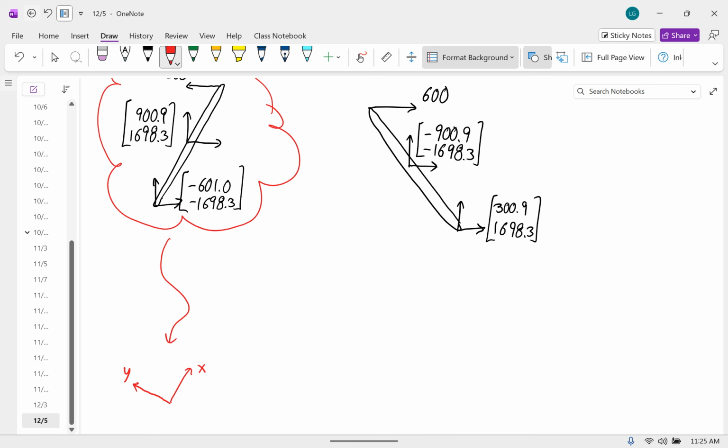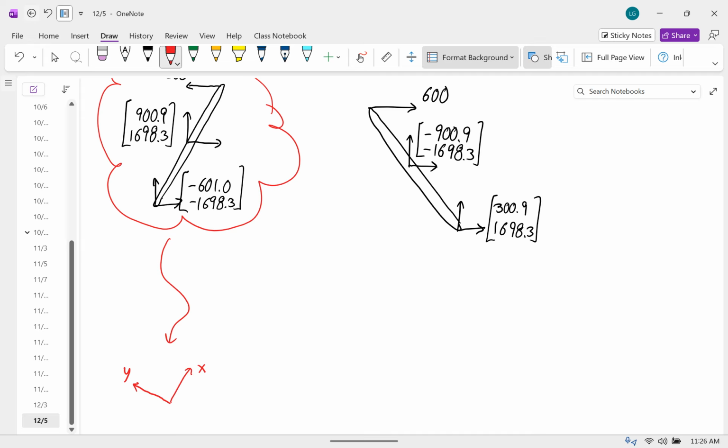So if you don't want to go back and read about rotation matrices, you can always just say, okay, we want to take this vector, this negative 601, negative 1698, and we want the projection of that first in the direction of the positive x-axis, and then second in the direction of the positive y-axis, and that'll give us our two components.